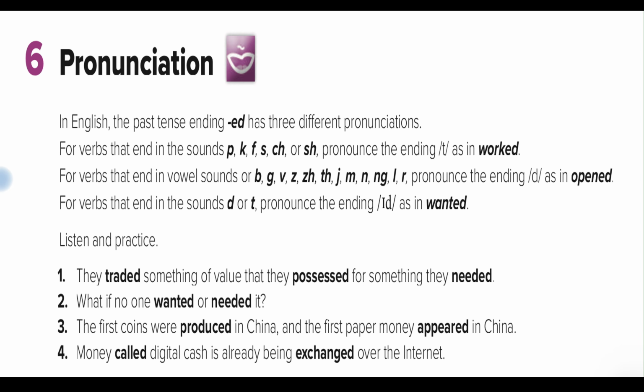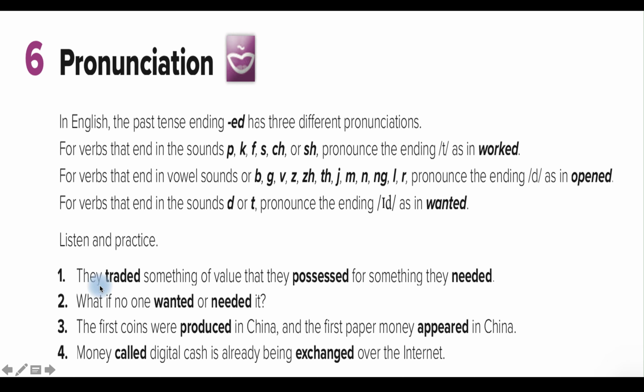For verbs that end in vowel sounds, or b, g, v, z, j, th, j, m, n, ing, o, pronounce the ending d, as in opened. For verbs that end in the sounds d or t, pronounce the ending id, as in wanted. Listen and practice.